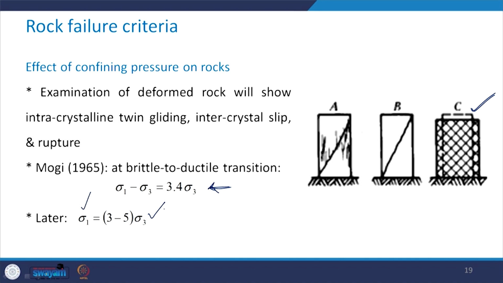Now, after getting the idea about the effect of confining pressure on rocks, let us start our discussion on the first failure theory, which is relevant to the material rocks. Let us see what this failure theory is, because this was one of the earlier works that is being referred to even today for the representation of the strength characteristic of the geomaterials.